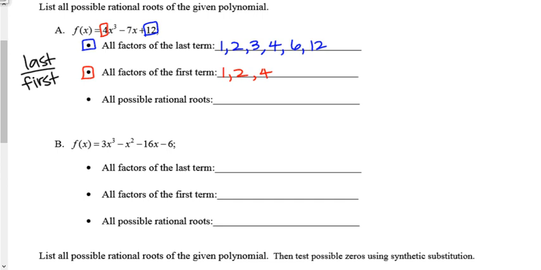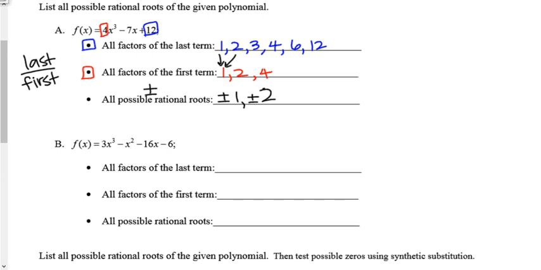We can't forget we have to do plus or minus with all of these numbers. We can have the positive or negative version of them. So starting, I'm going to say plus or minus 1 over 1, or just 1. You can either put 1 over 1 or you can put 1, whatever makes more sense. Then we have plus or minus 2 over 1, or just 2.